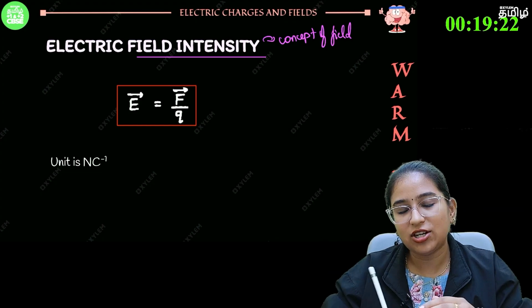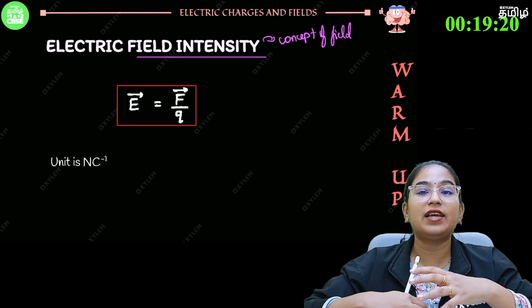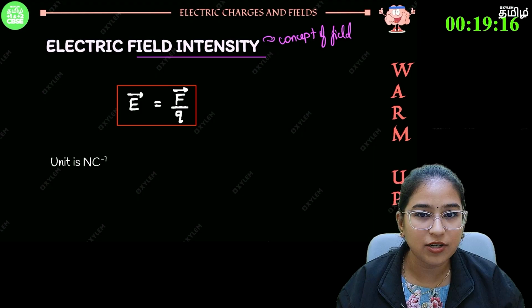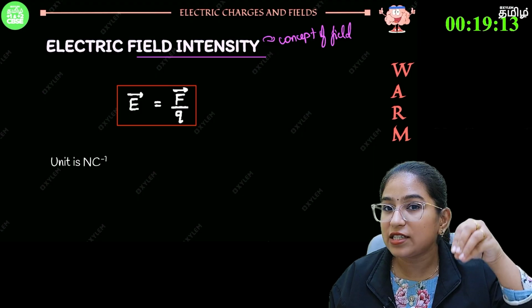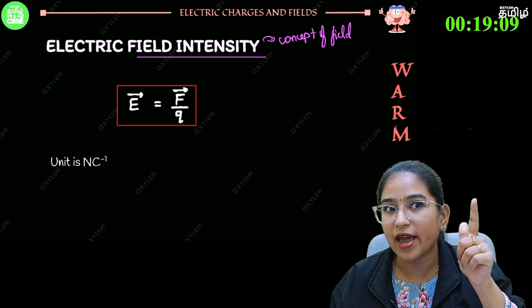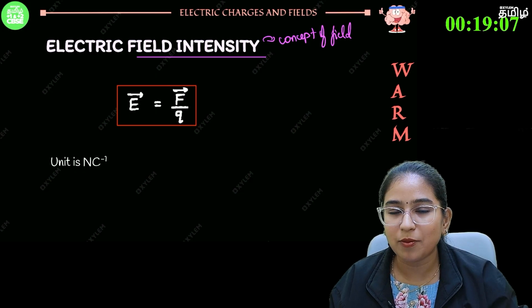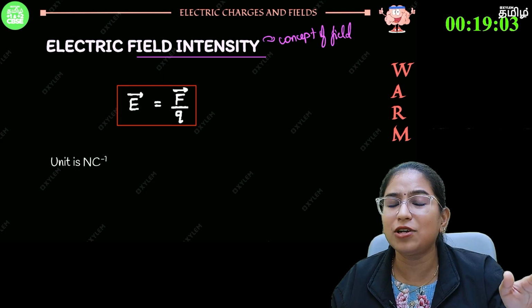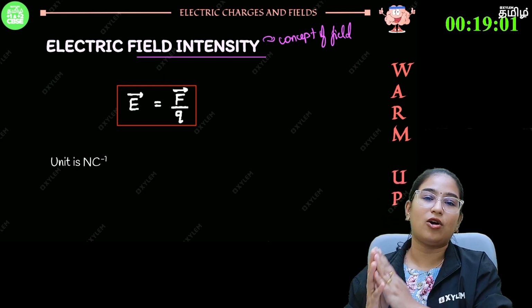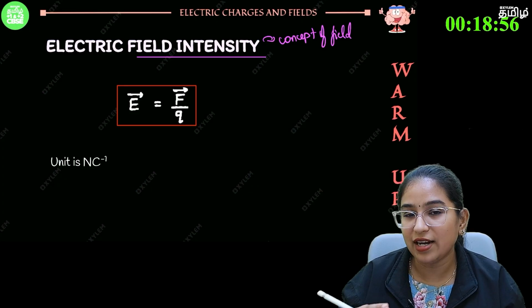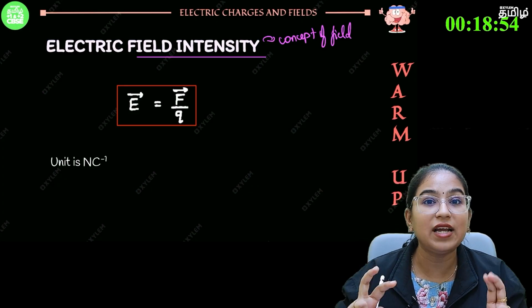If a charge has its own boundary where it can show all its force and power, then when another charge enters the boundary, it can identify that an unlike charge is coming into my boundary so I have to attract it, or a like one, so I have to repel it away. This is the concept of field. We represent it as straight lines, making field lines.